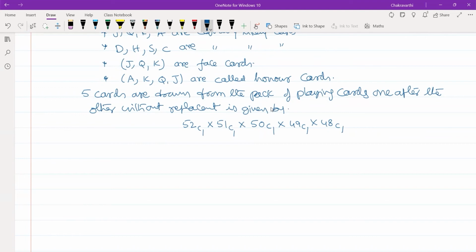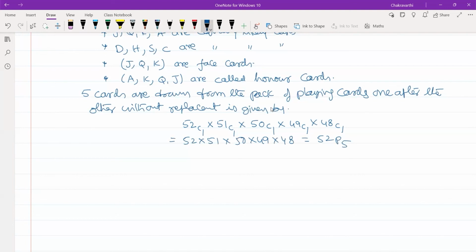In without replacement conditions, the outcomes are dependent. With replacement, outcomes are independent. So the situation is equal to 52 into 51 into 50 into 49 into 48. So this can be written as 52P5.